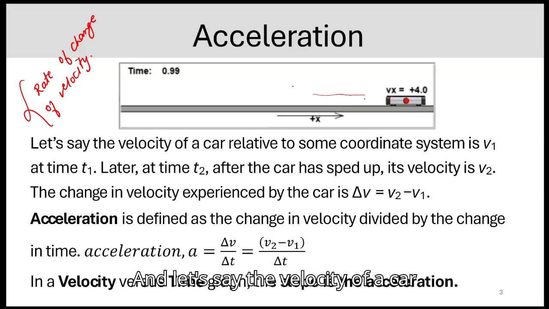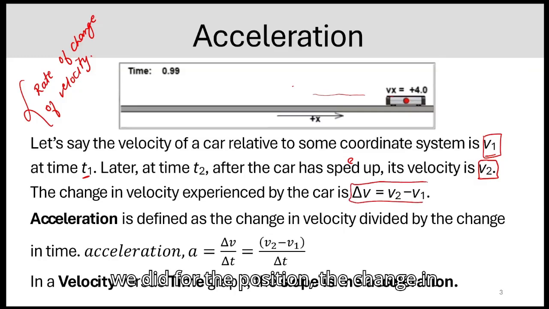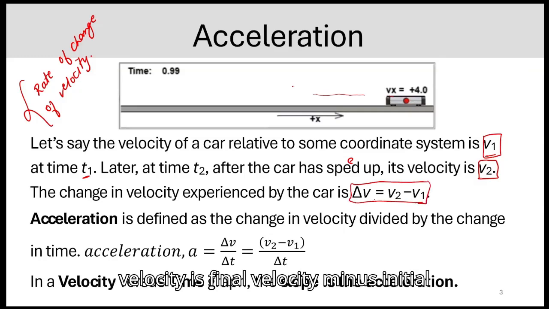And let's say the velocity of a car relative to some coordinate system is v1 at the initial position at time t1. Later at time t2, after the car has sped up, its new velocity is v2. So the final velocity is v2, the initial velocity is v1. The change in velocity experienced by the car, like we did for the position, is final velocity minus initial velocity.